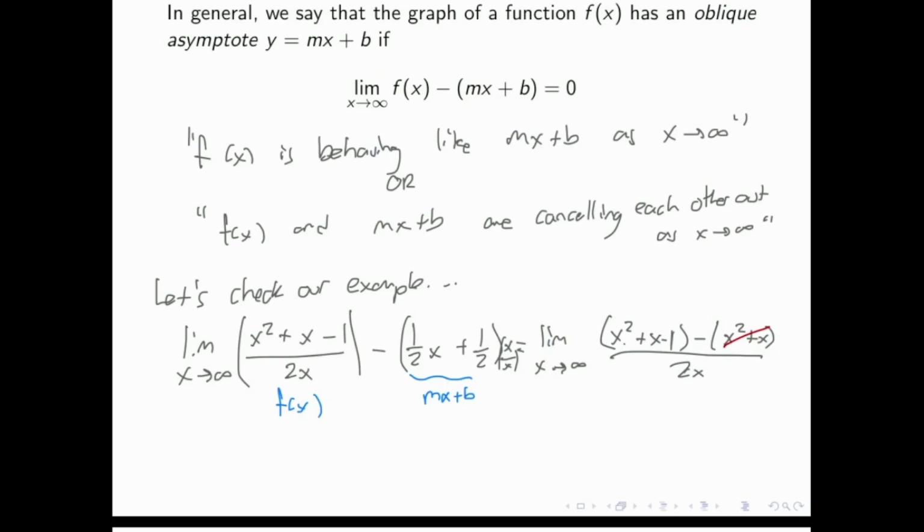And now we see actually that these just cancel, and I'm left with the limit as x goes to infinity of -1 over 2x, but we know that this is going to 0. So indeed, this does check out with our example above.